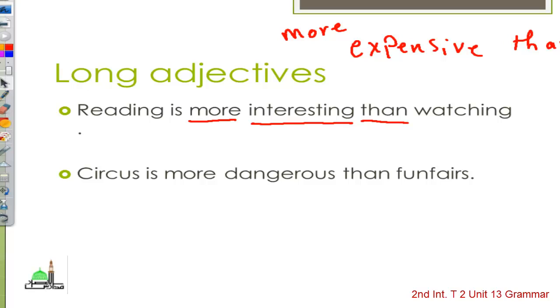Circus is more dangerous than funfair. Again, we have a long adjective here. It's dangerous. So I don't need ER, but I need more before the adjective, and then than.